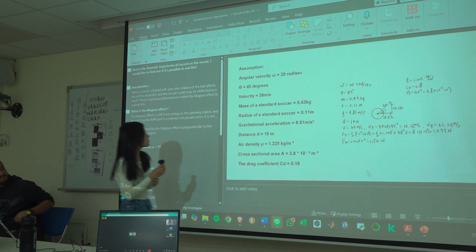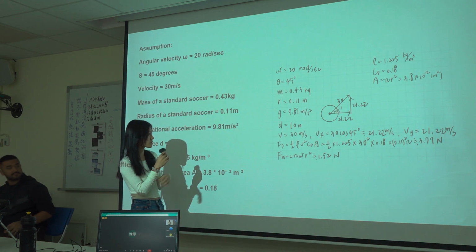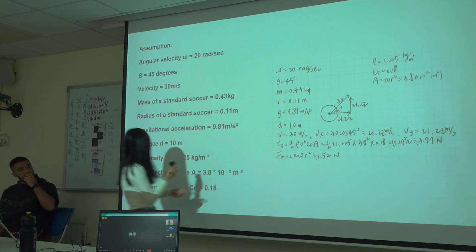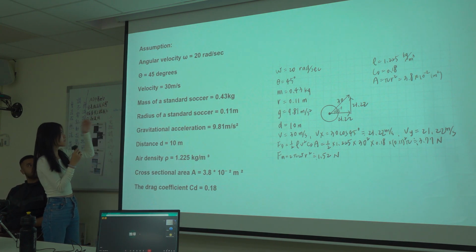This is my assumptions. The angular velocity is 20 radians per second, theta is 45 degrees, and velocity is 30 meters per second.